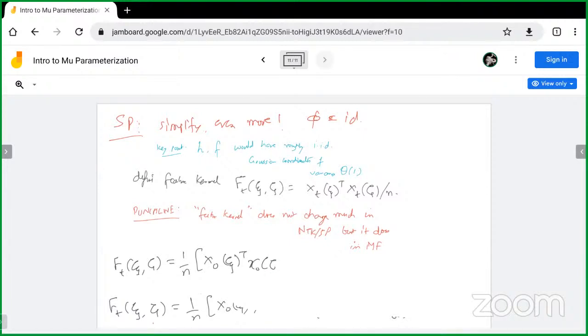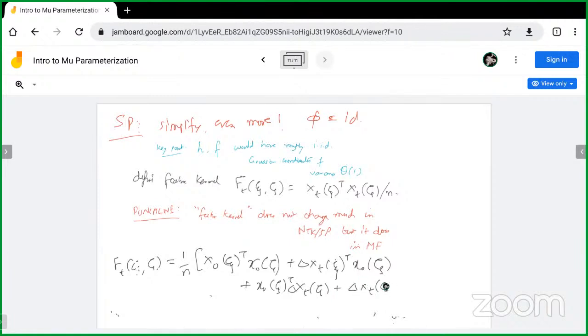Makes sense. Where by delta x_t I mean x_t at whatever input minus x_t at 0.